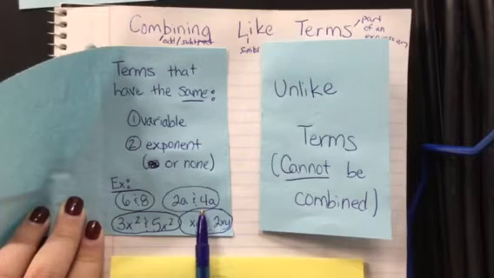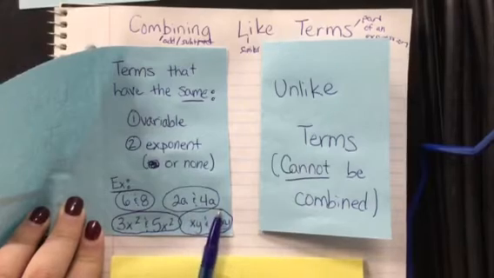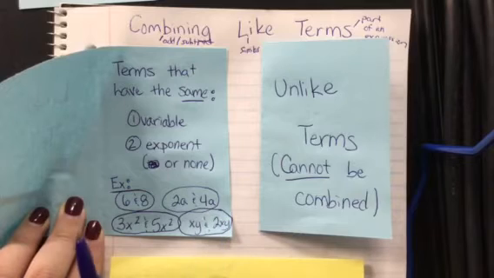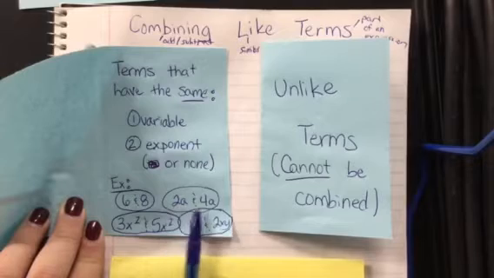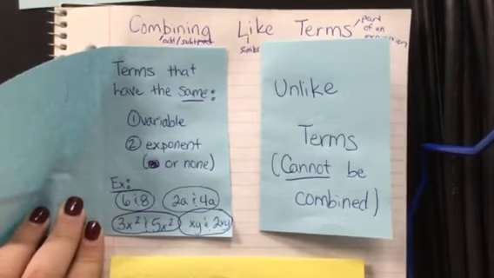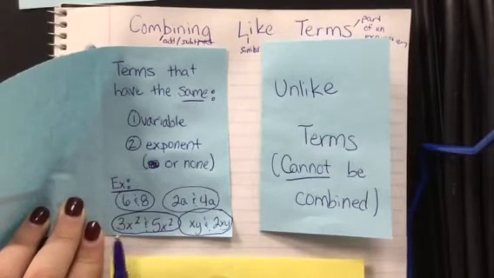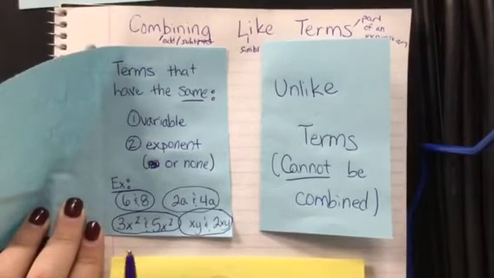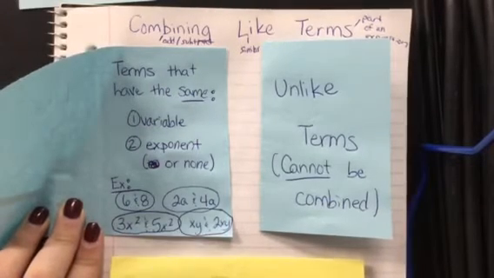2a and 4a are like terms because they both have a variable, a. They have no exponent, so we don't have to worry about that matching, but they have the same variable. 3x squared and 5x squared are like terms because they both have x's and they both have an exponent of 2.